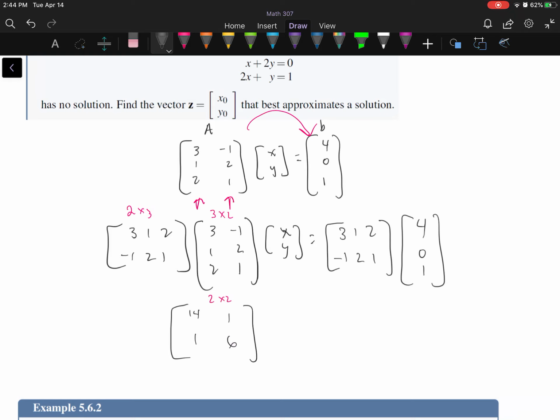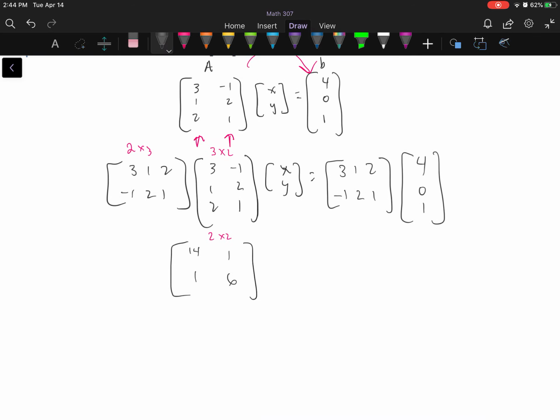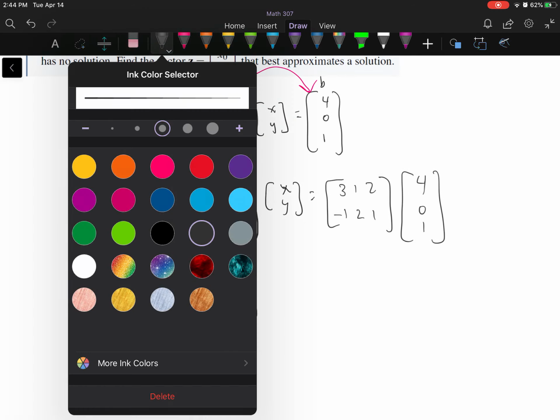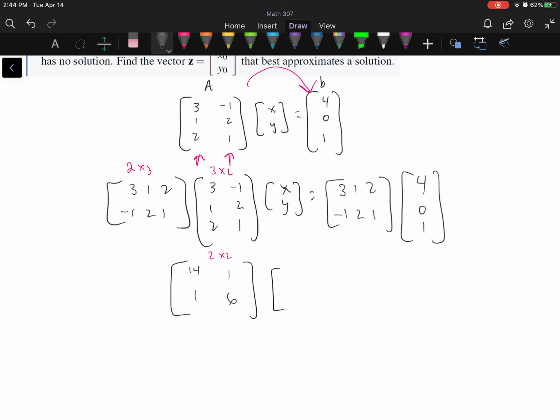I think we've mentioned this before, but notice that this matrix, A transpose A, is symmetric. And that will always be the case. A transpose A and also A A transpose are symmetric matrices. So all the good stuff that we learned about the eigenvalues of symmetric matrices will apply here.